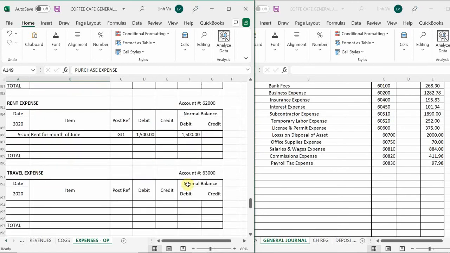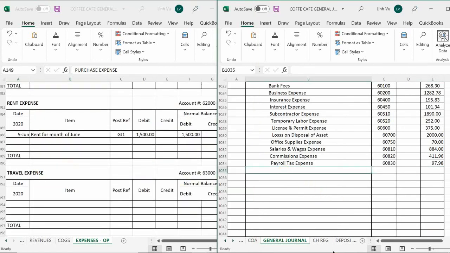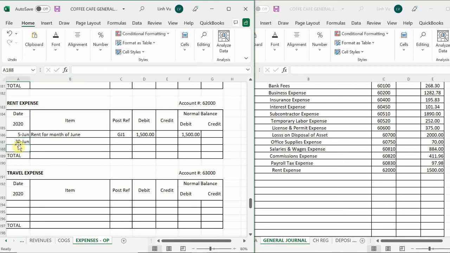Then we have rent expense, account number 62,000, for a total of $1,500.